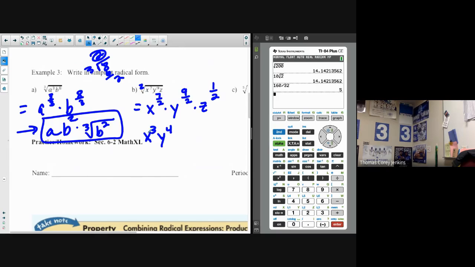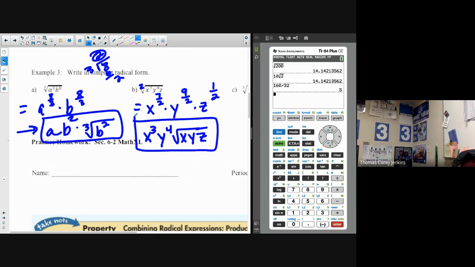So we have x to the 3 times y to the 4 times the square root of whatever's left. So we have an x to the 1, a y to the 1, and a z to the 1 underneath. Those are my remainders. Now the next question would be, why did I not talk about the even, odd rule here?